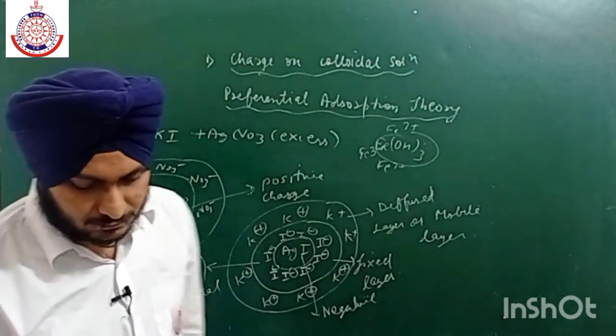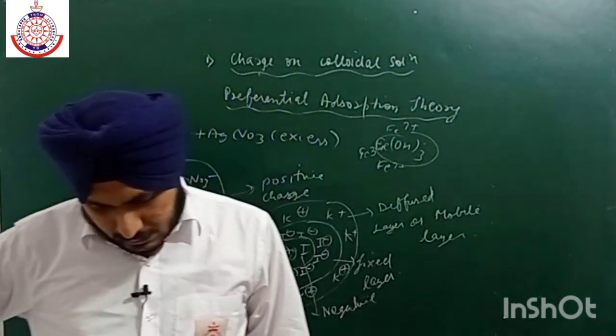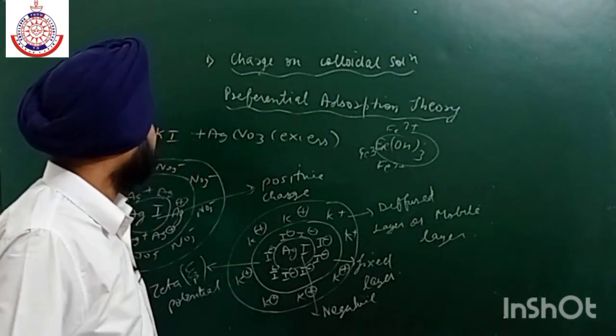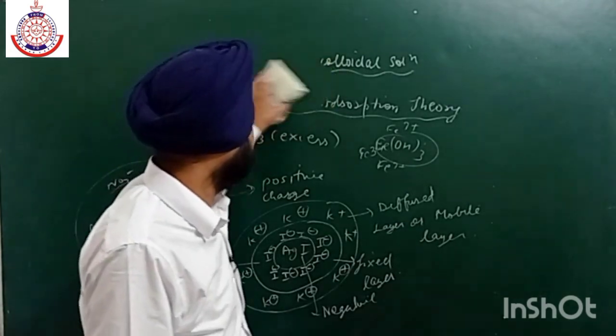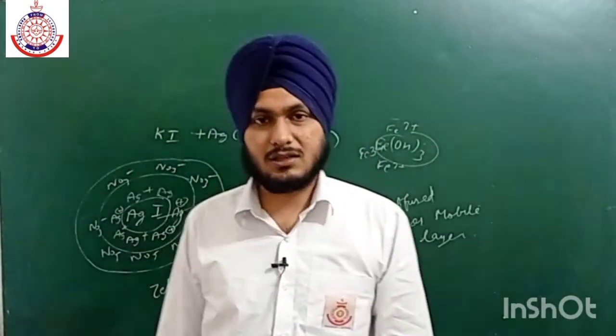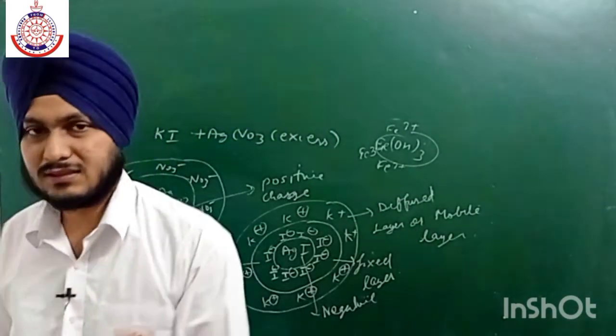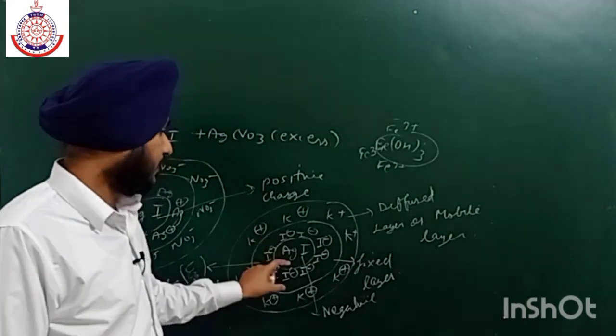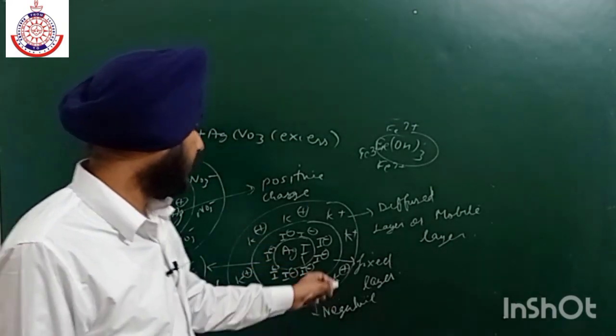Next we have coagulation. What is coagulation, what is electrophoresis? I will discuss that also. And one more thing, the formation of these two layers is known as double layer formation.